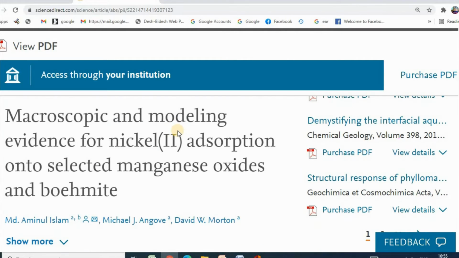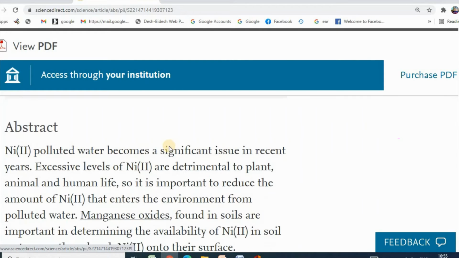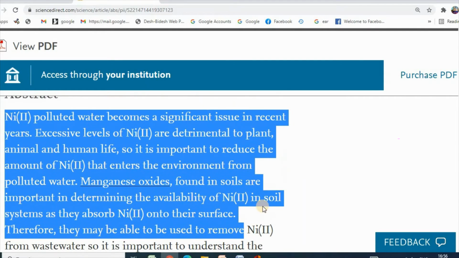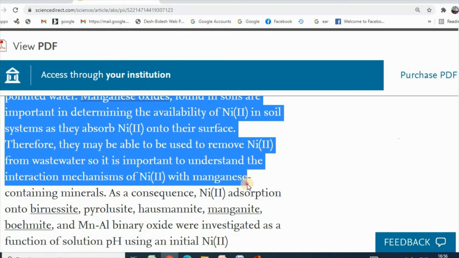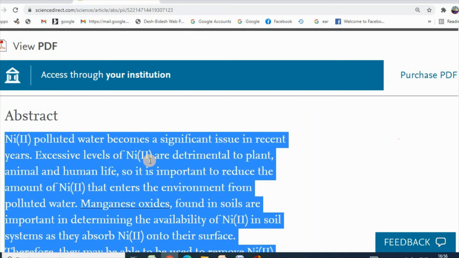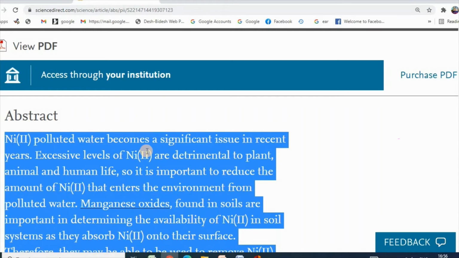So, if we see the abstract, it can be seen that it has 4 parts. One is the problem statement. The highlighted part is the problem statement, why this research was important.